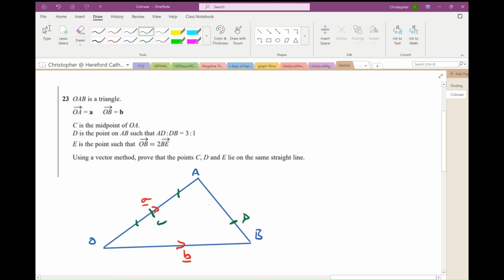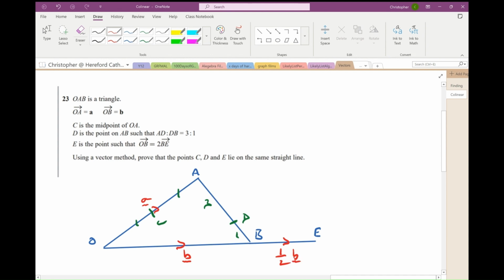E is a point such that OB is twice BE, so BE is half of OB. So what I need to do is extend this line here halfway. So that is where E is, where this vector is a half of b, because BE is half of OB.